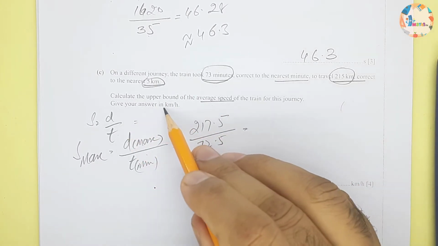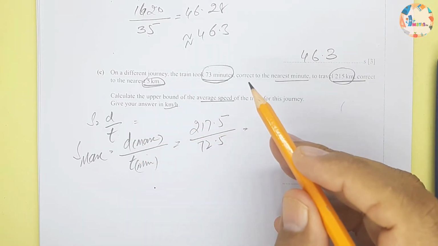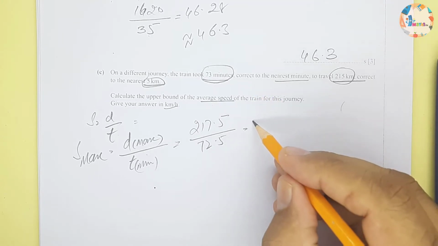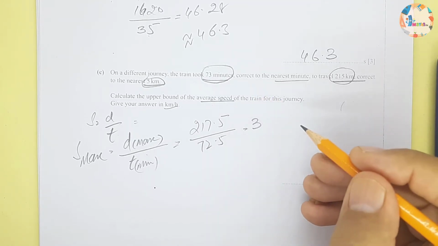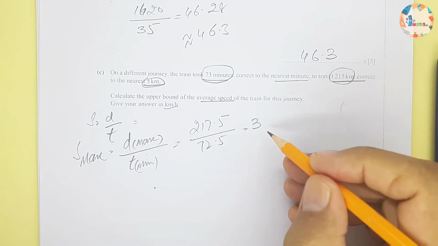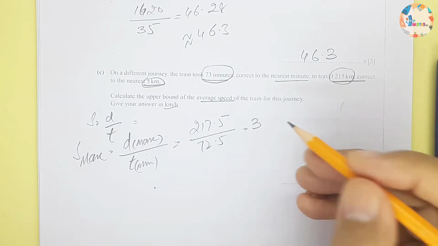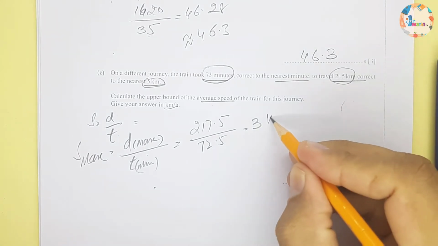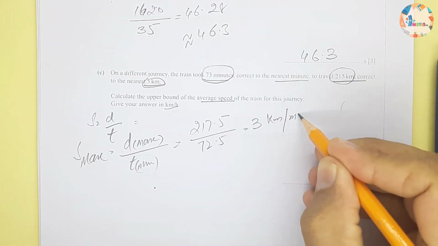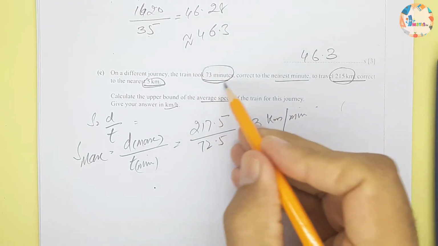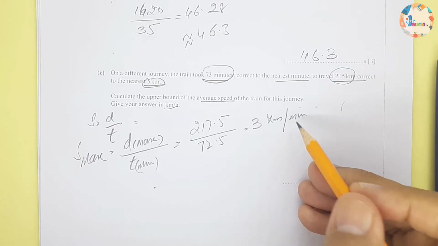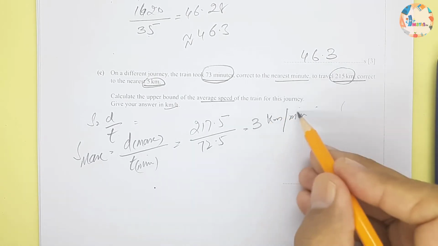Give your answer in kilometers per hour. So this will be 3, and basically we have to convert into hours. This is basically kilometers per minute, because 73 is in minutes. So we will convert this into kilometers per hour.